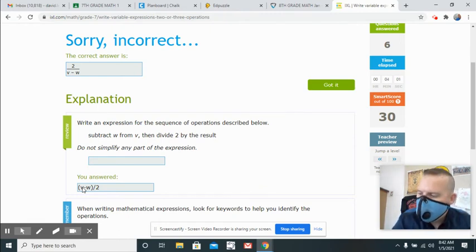Well, 10 minus 2 is 8. 8 divided by 2 is 4. So let's just try the top. 2, v is 10. W we said is 2. Well, that gives me 8. 2 divided by 8 is 1/4. Okay. So I'll just hit got it.